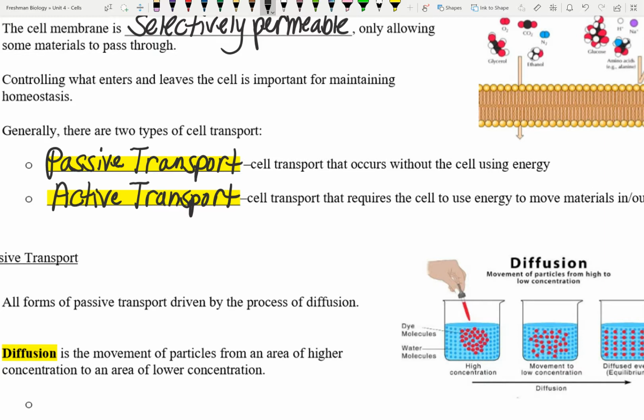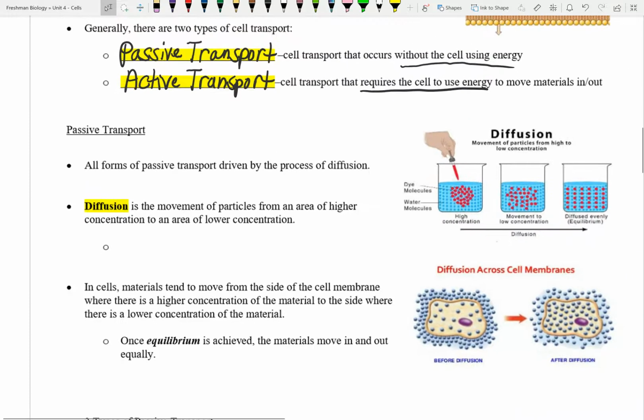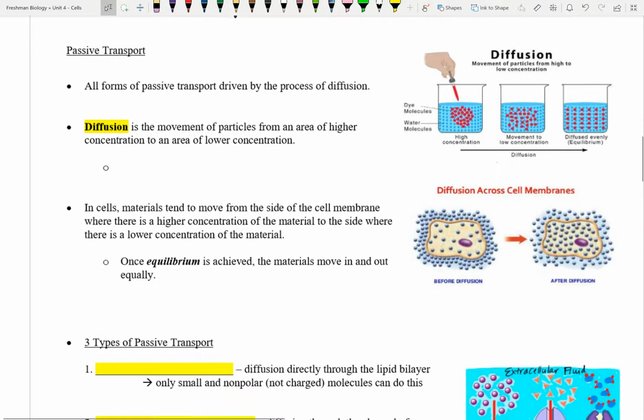Passive transport is when something crosses over the cell membrane without the cell having to use energy. It doesn't need to spend any of its energy. Whereas with active transport, the cell does have to use energy to move the material across the cell membrane. And so we'll start with passive transport and then move on to active transport.